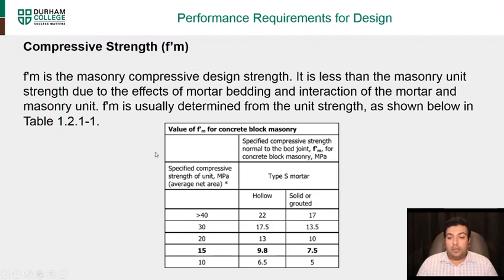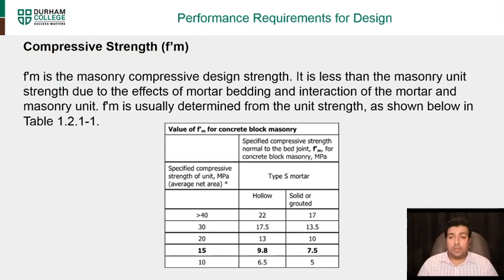So you can see here, for a typical 15 MPa block, its actual compressive f'm is 9.8 MPa for a hollow block, and for solid or grouted, it's 7.5 MPa. That's a very important thing: the compressive strength of a block itself is actually different from the masonry compressive strength. So f'm is a combination of those three: the tensile strength of the block itself, your mortar, and the thickness of the mortar.